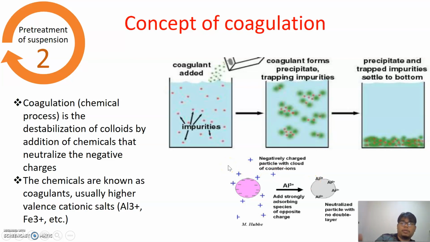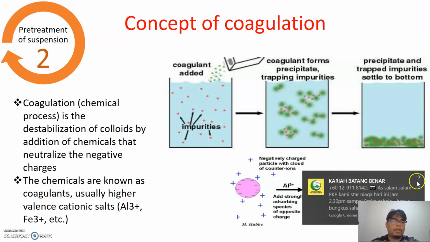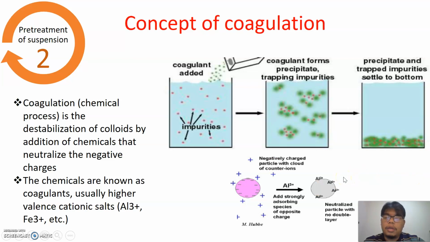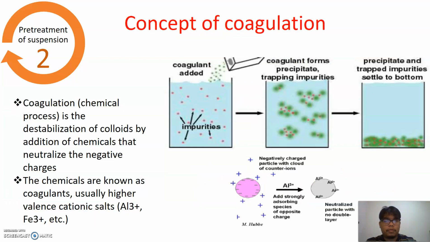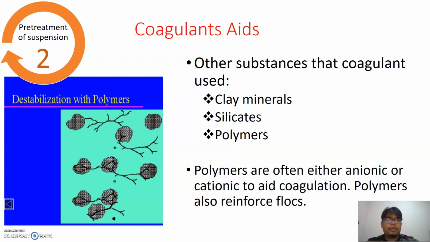So here is a good method that we can consider in solid liquid extraction. Coagulant aid. Here is the other substance that we can use as a coagulant, such as a clay mineral, silicate, or polymer.